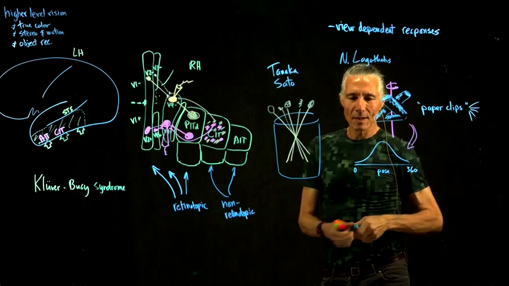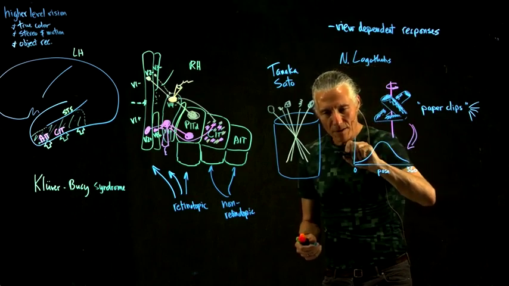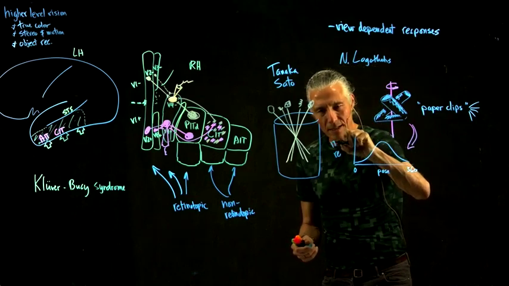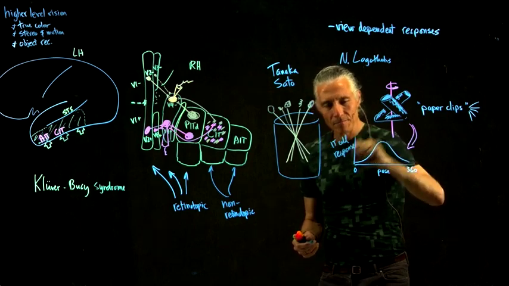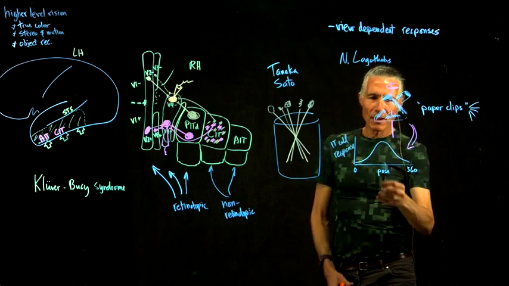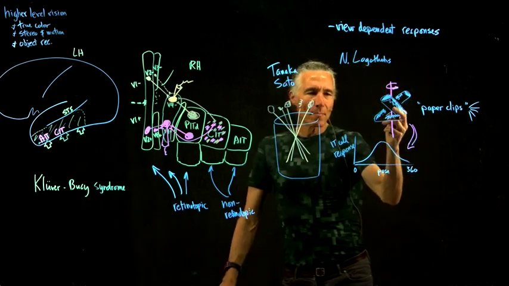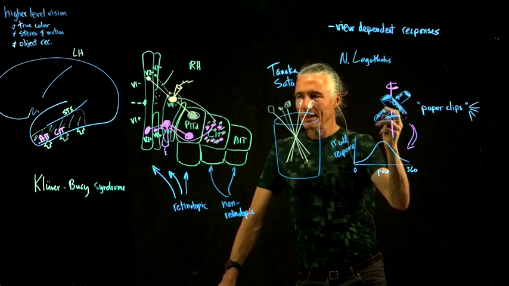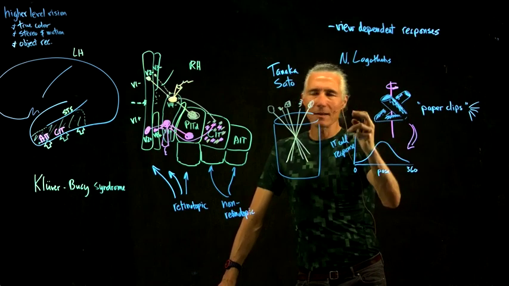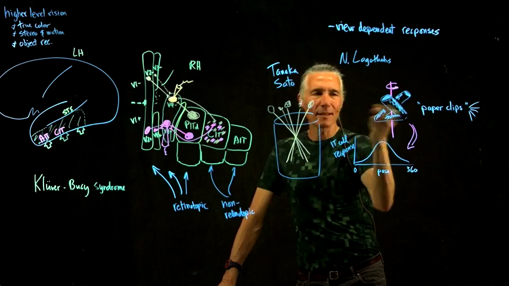What they invariably found, for the IT cell response, is that it would respond to this particular paperclip. The animal, of course, knew that paperclip very well. It had seen it hundreds or thousands of times, and it had compared it to other paperclips and determined that that wasn't the same paperclip.